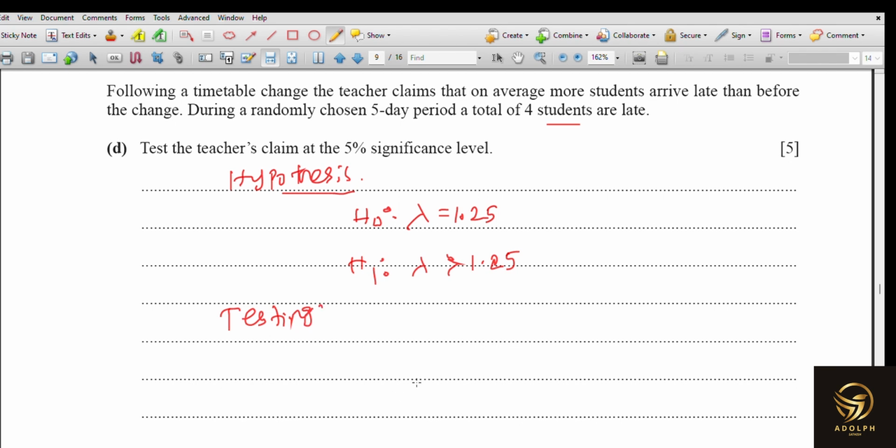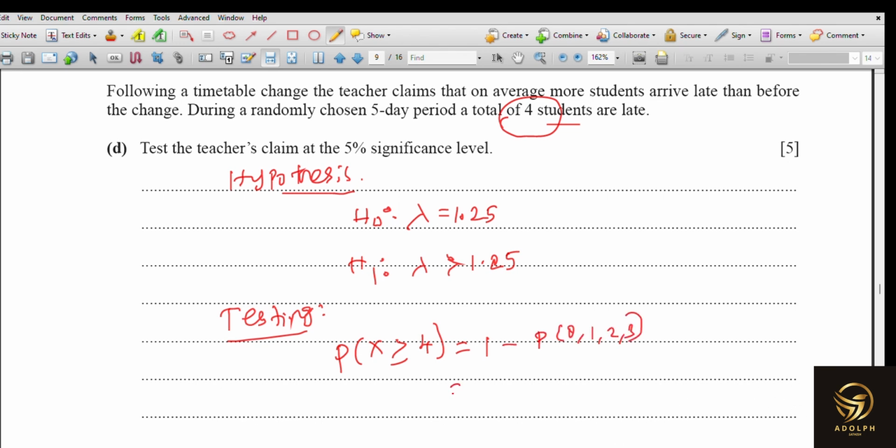How to test it? Since we are checking whether it is increased, we have to find the probability of x greater than or equal to 4, the tested value. This is what we want to check. So how to check the probability of x greater than or equal to 4 in the Poisson distribution? Usually we do 1 minus the probability of 0, 1, 2, 3.